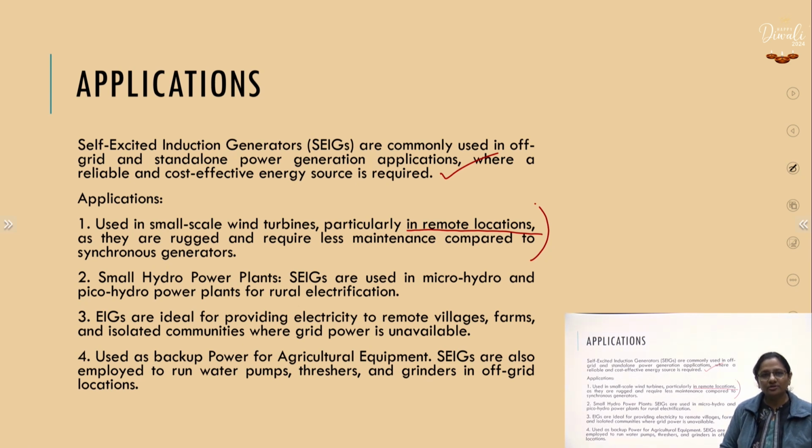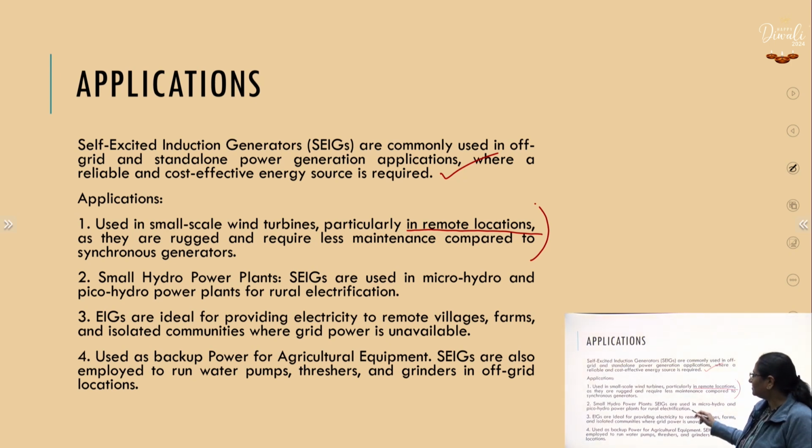A preferred choice for electrification of those remote locations is the self-excited induction generator, because there is no grid supply to maintain the reactive power for other types of generators like the doubly fed induction generator.